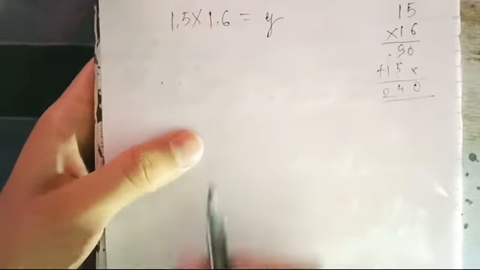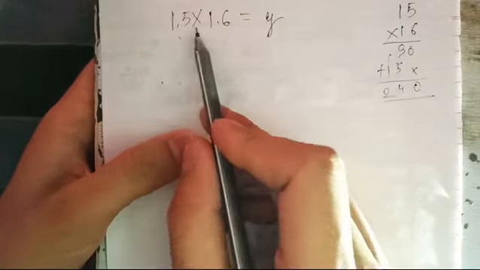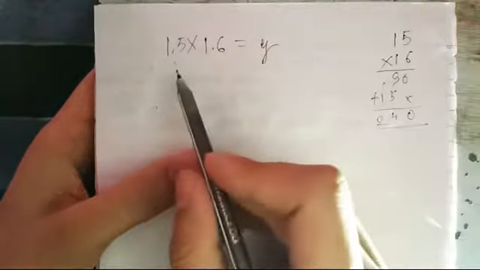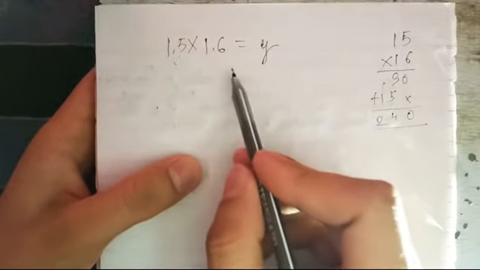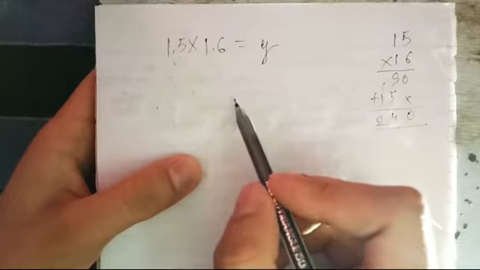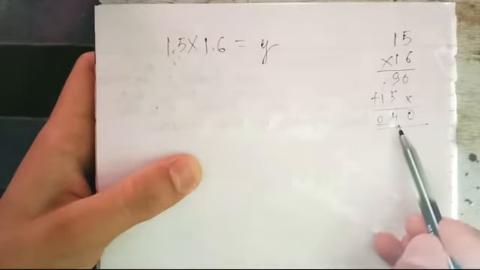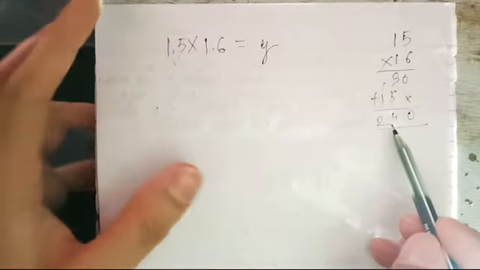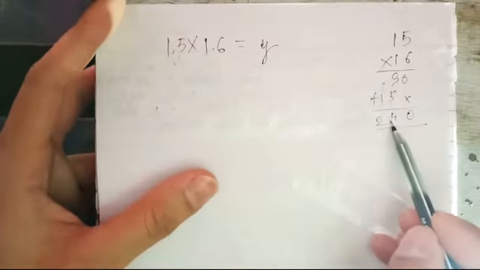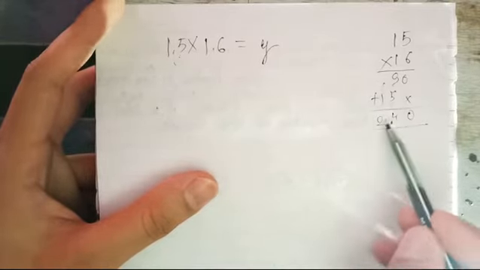Okay, now you see, in these 2 numbers being multiplied, after decimal only one digit is there, in both. So when we multiply and find out the answer, then in the solution after decimal 2 digits should be there. 1 plus 1, 2. So the answer should be 2.40, or we can simply say 2.4.